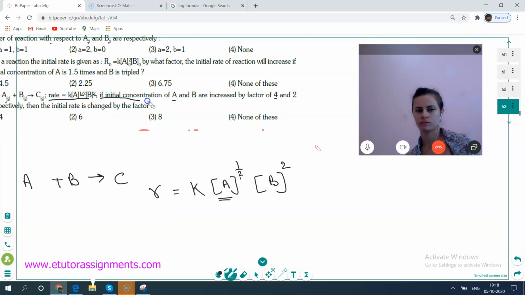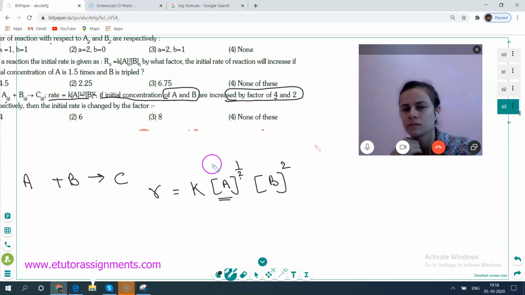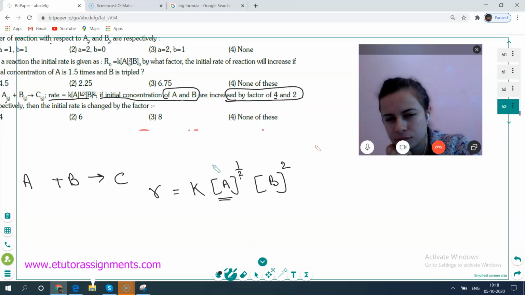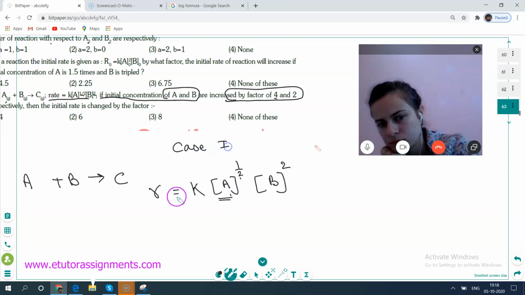If the initial concentration of A and B are increased by a factor of 4 and 2. So this is the initial rate. Suppose initial concentration case 1, R1 initial.